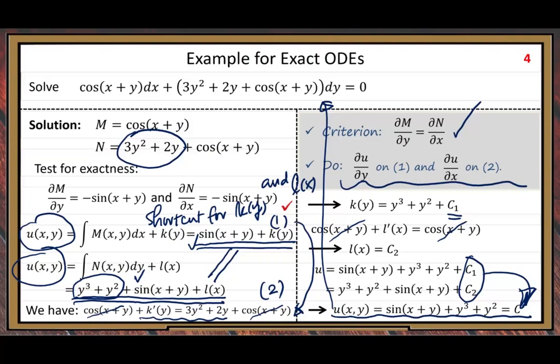So the y terms should go to that little k of y. That little k function should contain all these y terms. But in the first expression, there are no x terms, so for the little L terms, we do not need to put in any variable x terms.